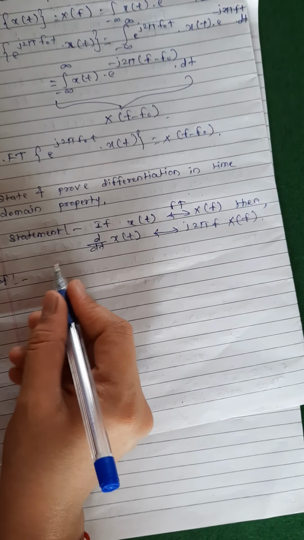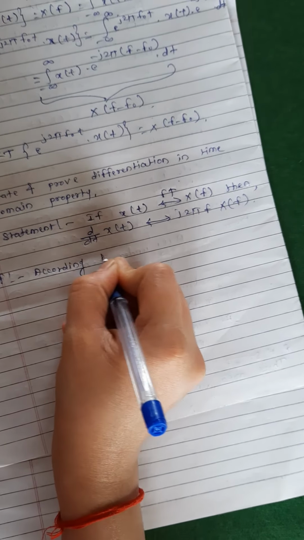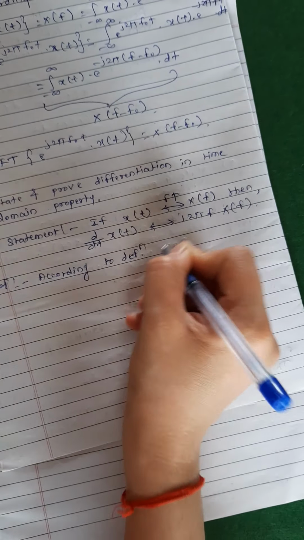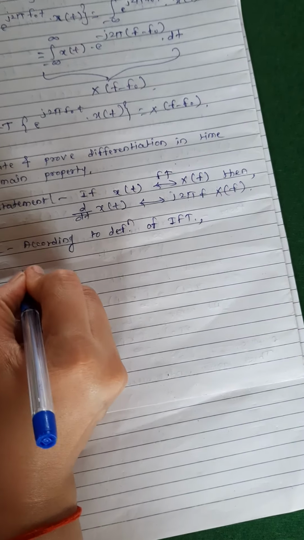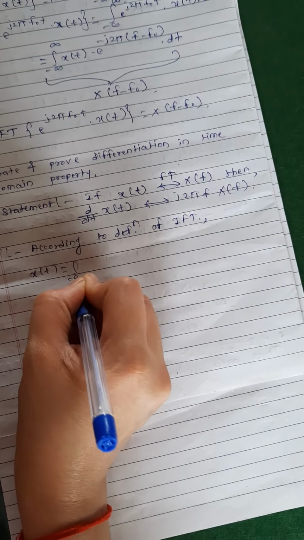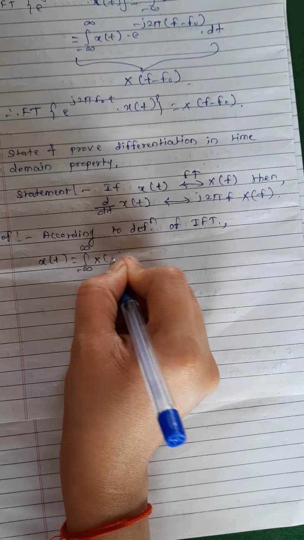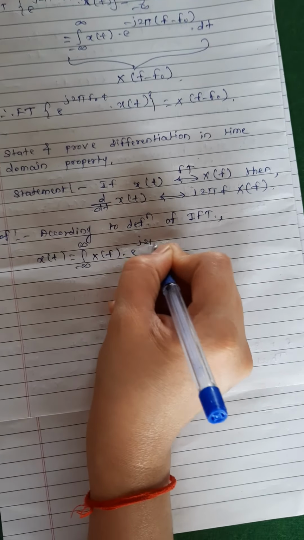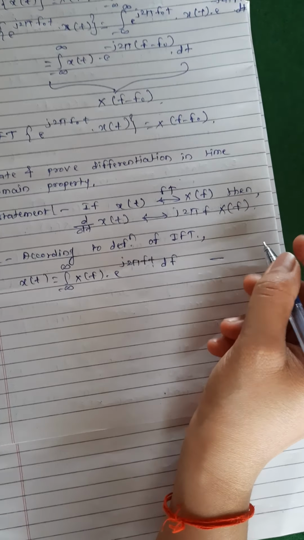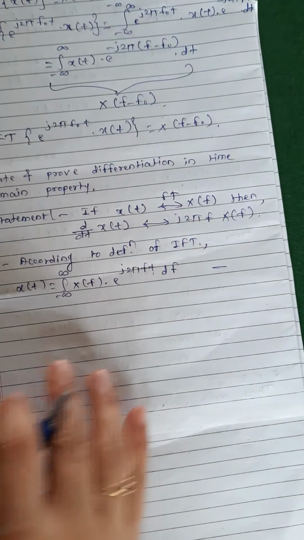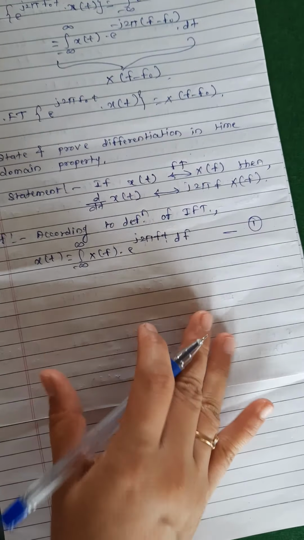According to the definition of inverse Fourier transform, we can write x of t is equal to integral from minus infinity to infinity X of f into e raised to j2 pi f t df. We can write this as equation one.